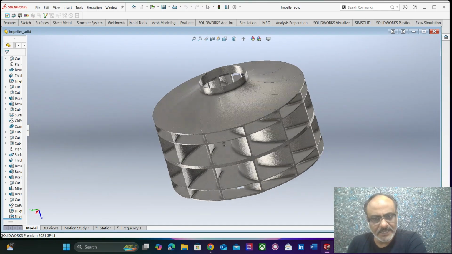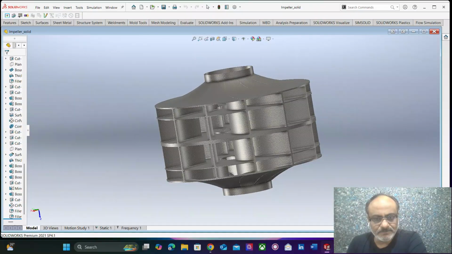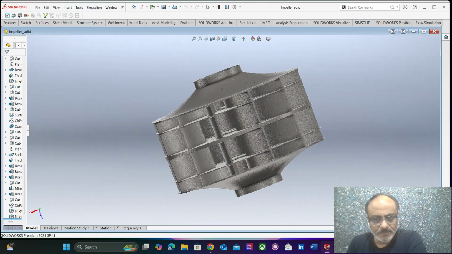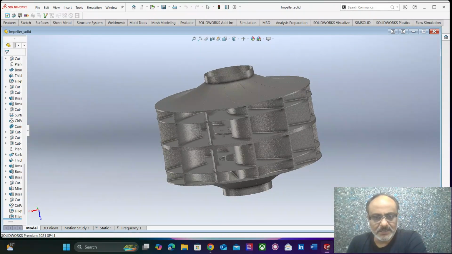So here on the screen, we have an impeller which is fabricated. The actual impeller from the client was a casted impeller and weighed almost 1.5 tons. The client had requested a research study between the fabricated and the casted product.